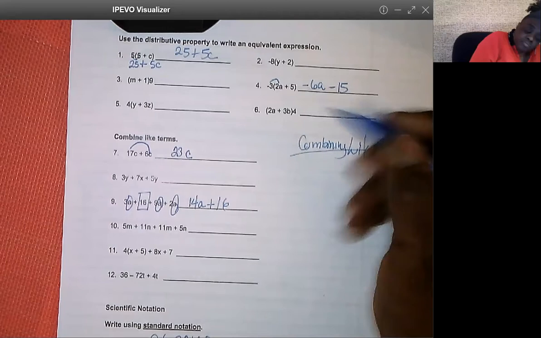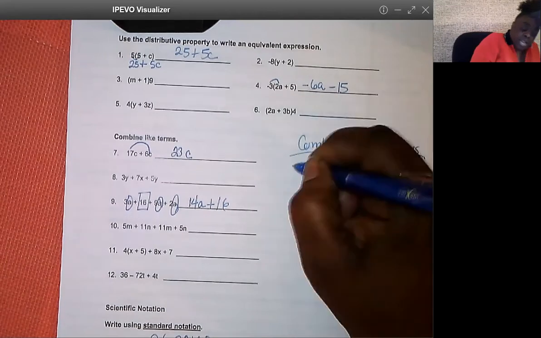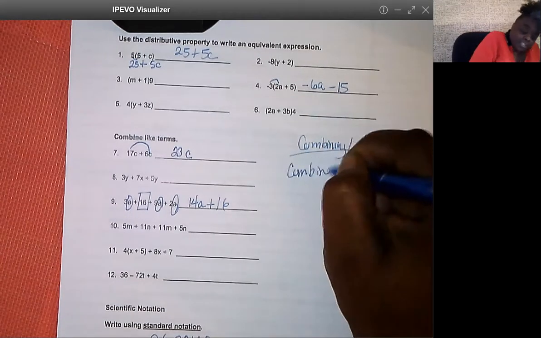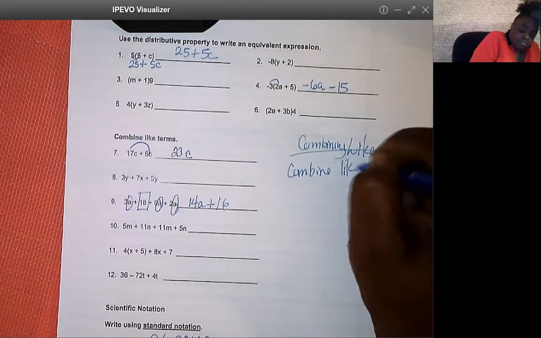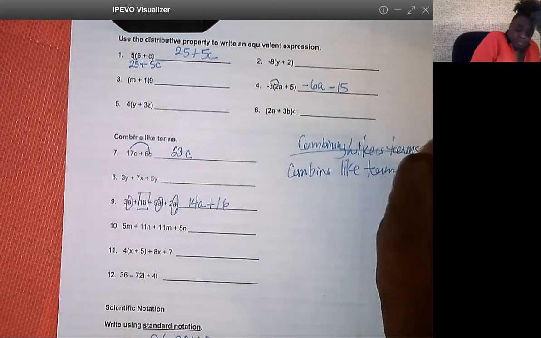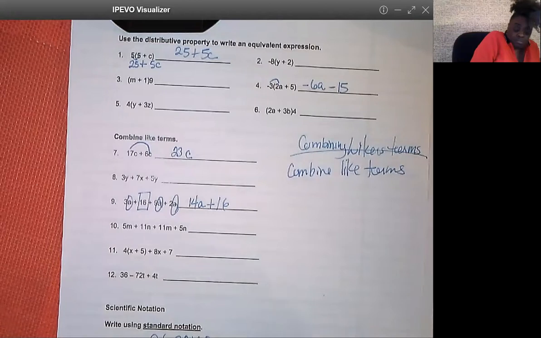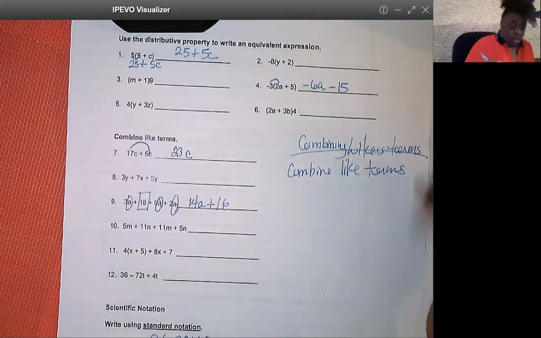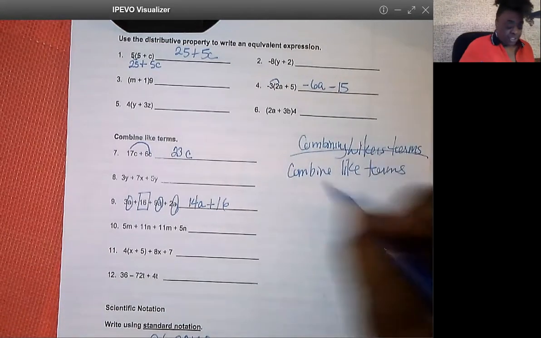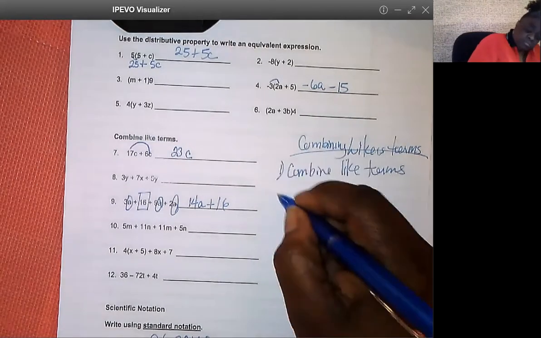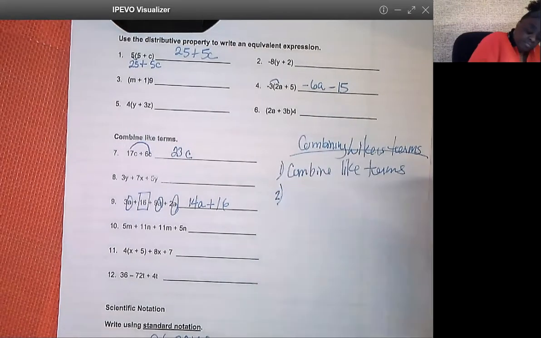You are going to always combine the like terms prior to adding or multiplying, and we show those steps there.